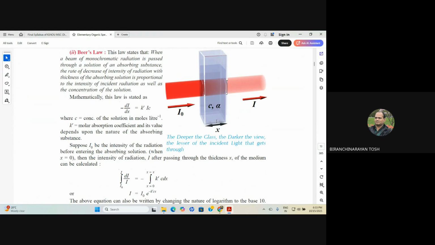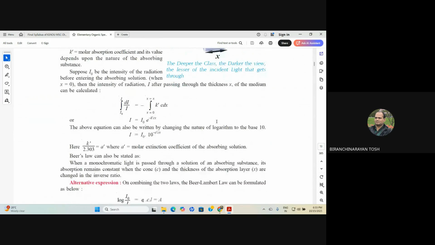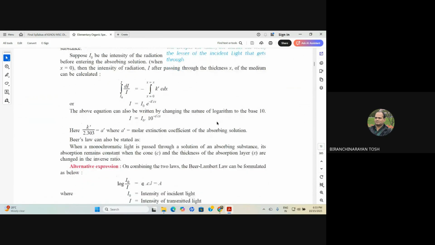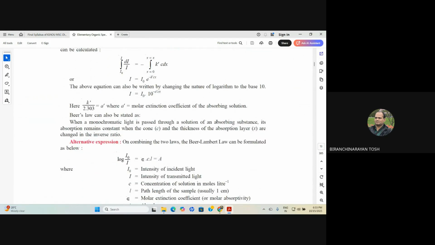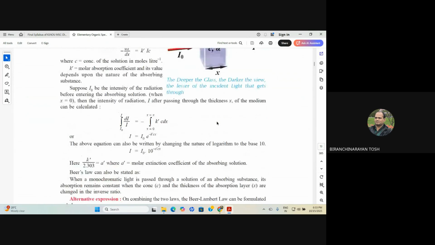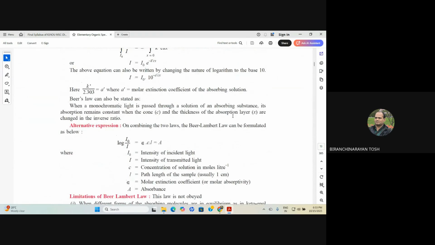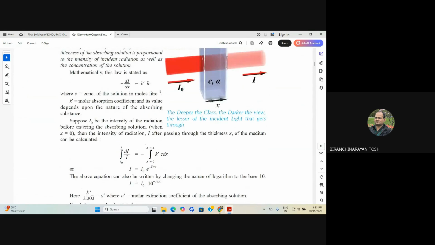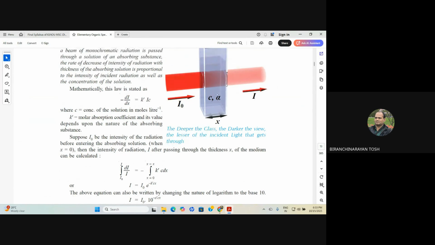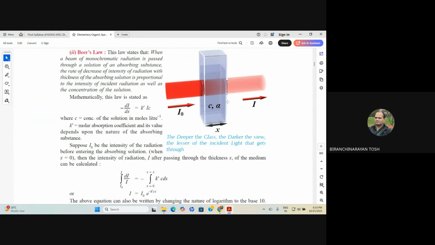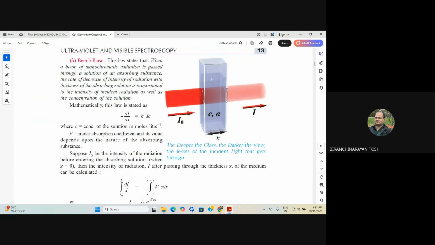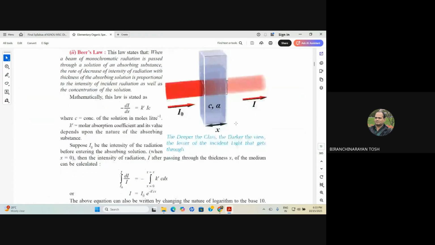So this x is the thickness or path length of the sample, up to what path it will travel. So path length, that is L, is usually 1 centimeter, because this cuvette has dimensions of 1 centimeter length and 1 centimeter breadth, and height about 4 to 5 centimeter. So we are not bothered about the height, only this length we know. This is 1 centimeter, this is also 1 centimeter.